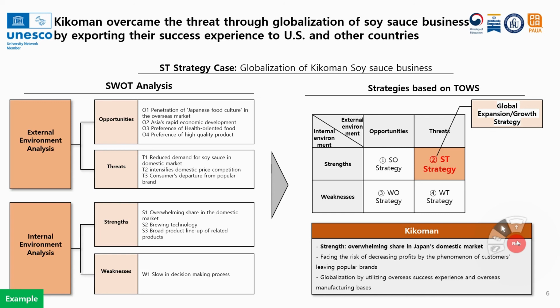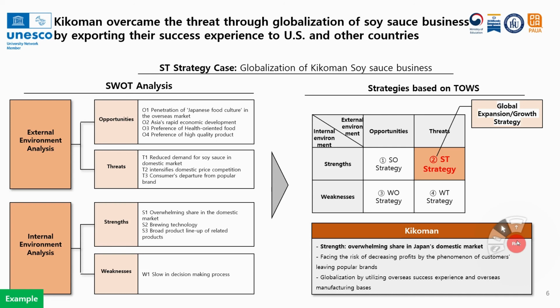They also have some weaknesses, such as slow decision-making processes. So in the case of Kikkoman, they chose a strategy based on the TOWS matrix, mixing the threats and the strengths. Okay, so one of the strengths of Kikkoman is the overwhelming share in the Japanese domestic market.